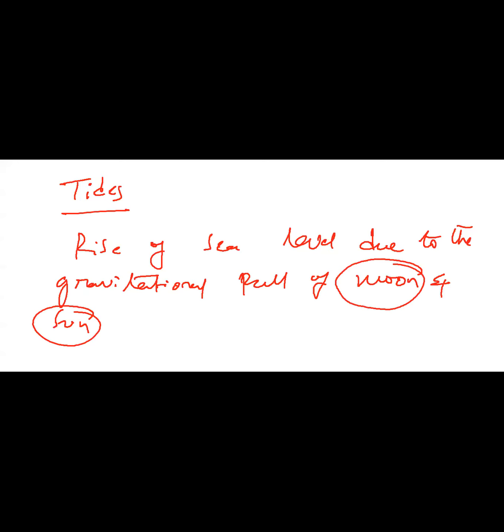Suppose you consider this as Earth, there will be a bulge like this. This is normal Earth. On Earth we have continents and oceans. The whole Earth is not completely covered with oceans nor with continents.